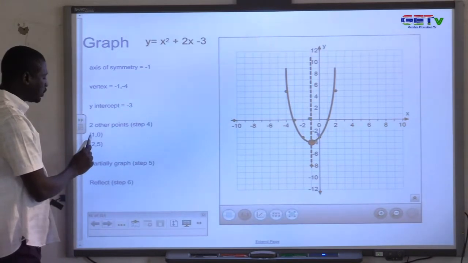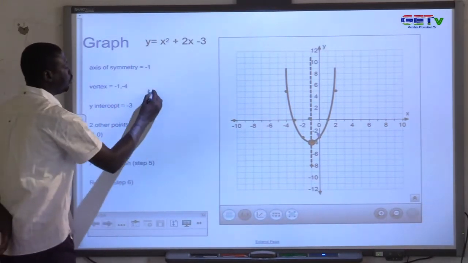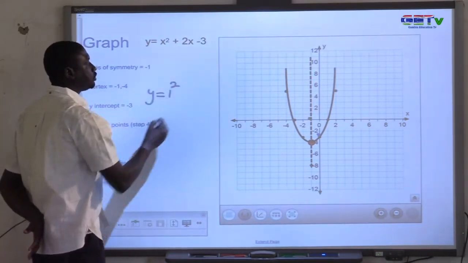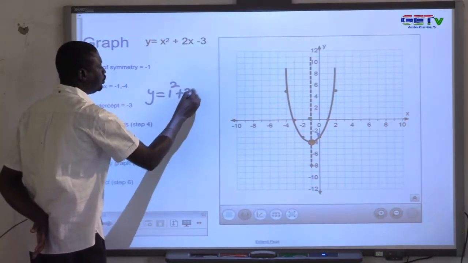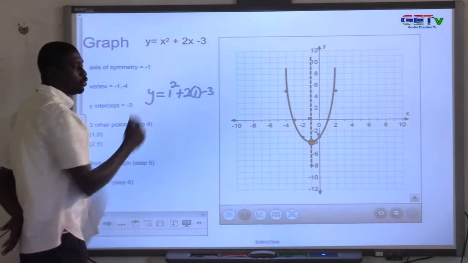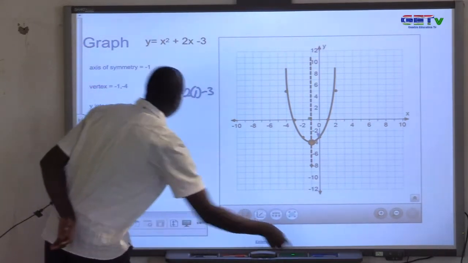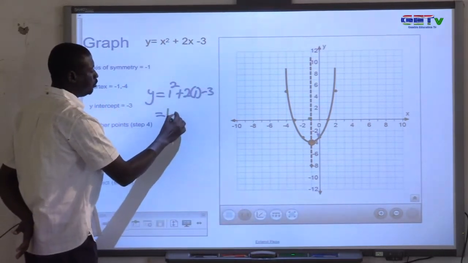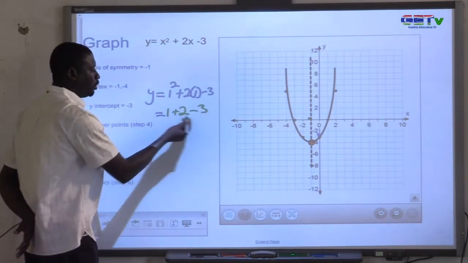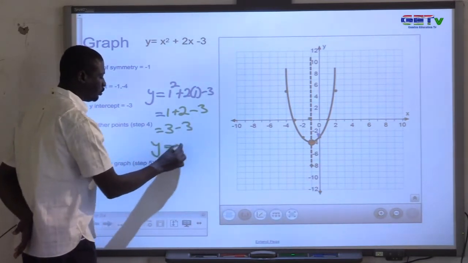That is, when x equals 1, if you substitute 1 in place of x here, y is equal to 1 squared plus 2 times 1 minus 3. 1 squared will be 1, so we'll have 1 plus 2 times 1, which is 2, minus 3. 1 plus 2 will give us 3, and 3 minus 3, the y value therefore will be 0.